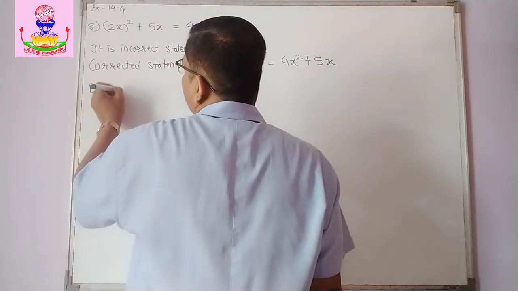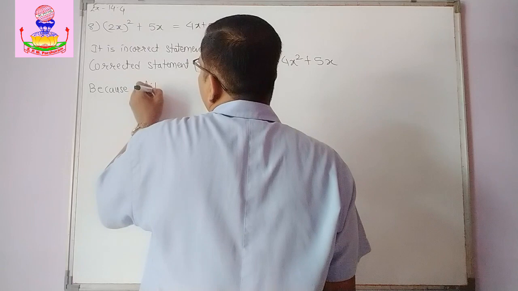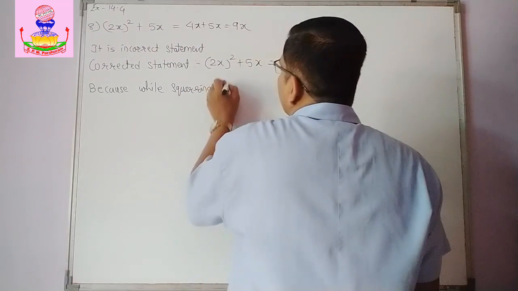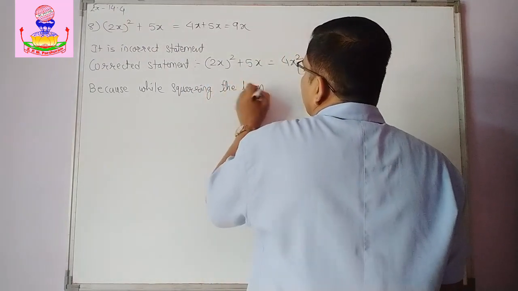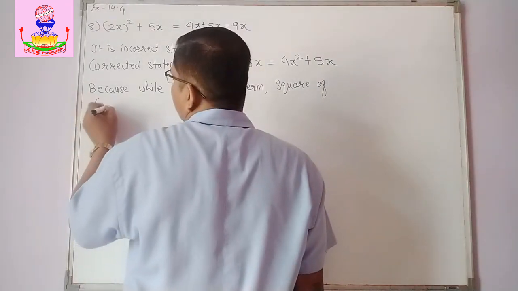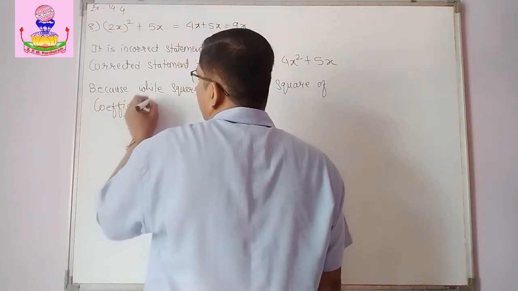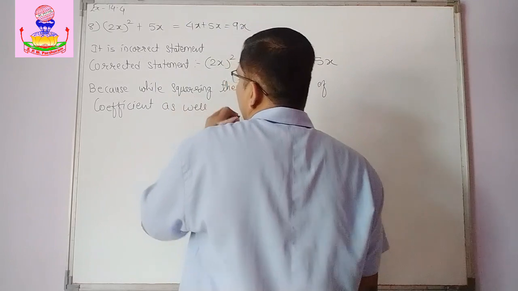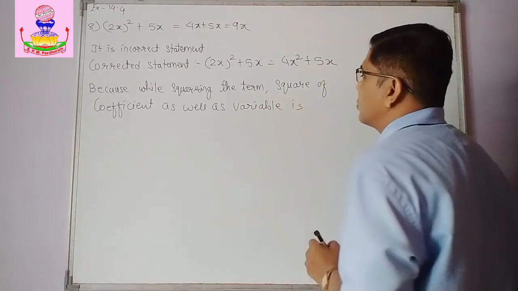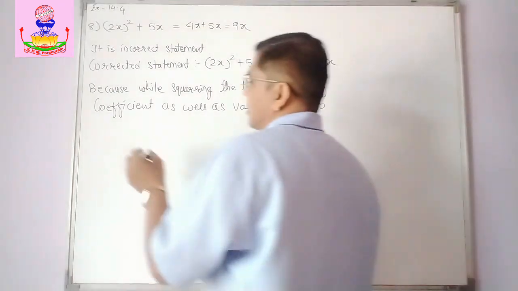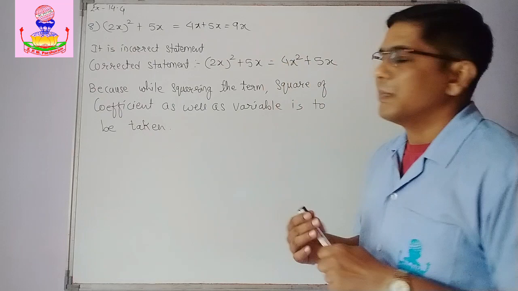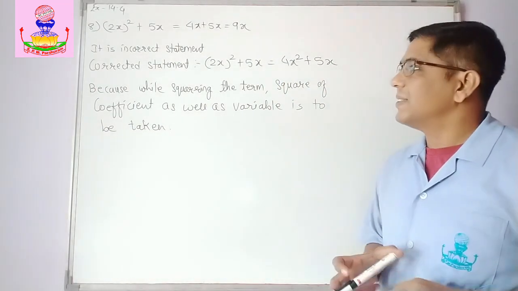Because while squaring the term, the square of the coefficient as well as the variable is to be taken. Okay, so that is what the error is.